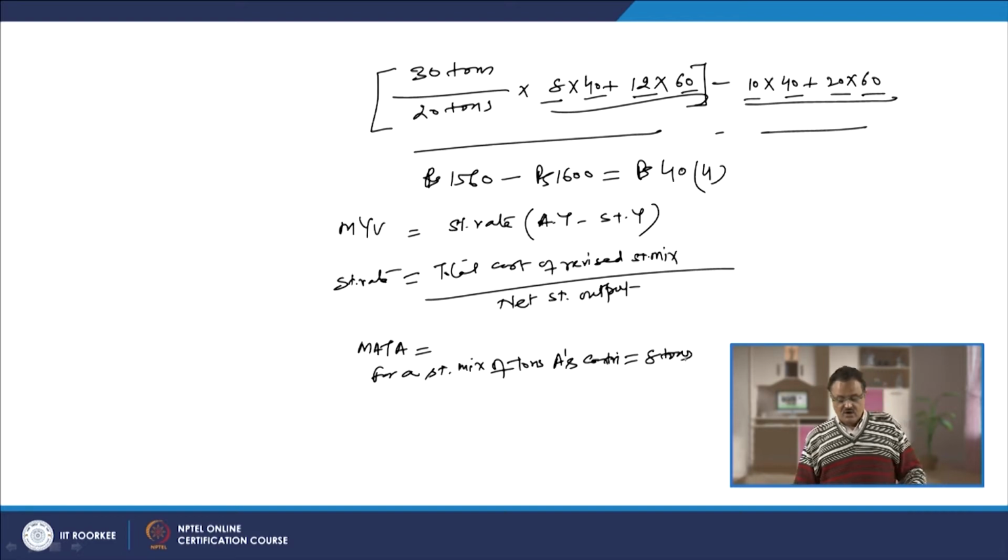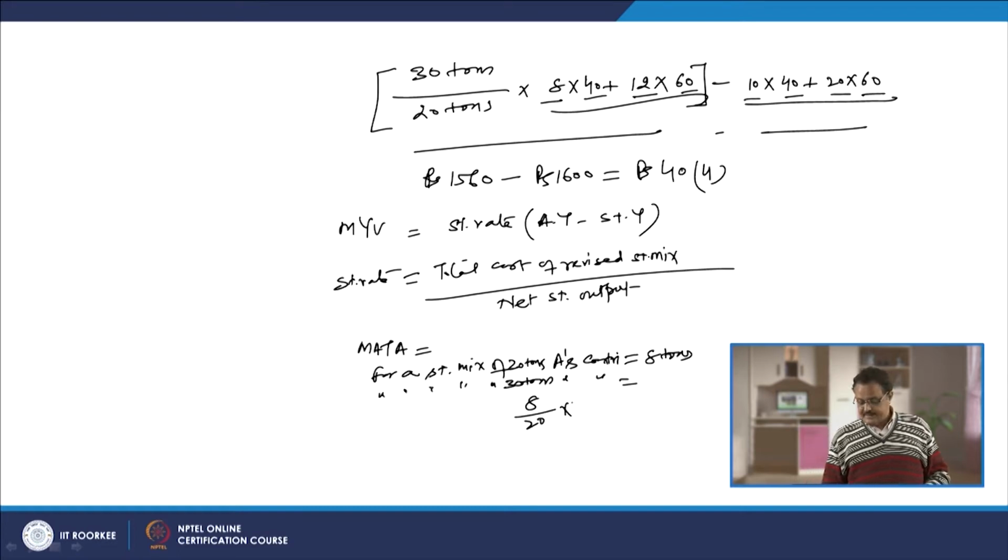For a standard mix of 20 tons, A's contribution is 8. Then for a standard mix of 30 tons, A's contribution is going to be 8 by 20 into 30, so it is going to be 12 tons.